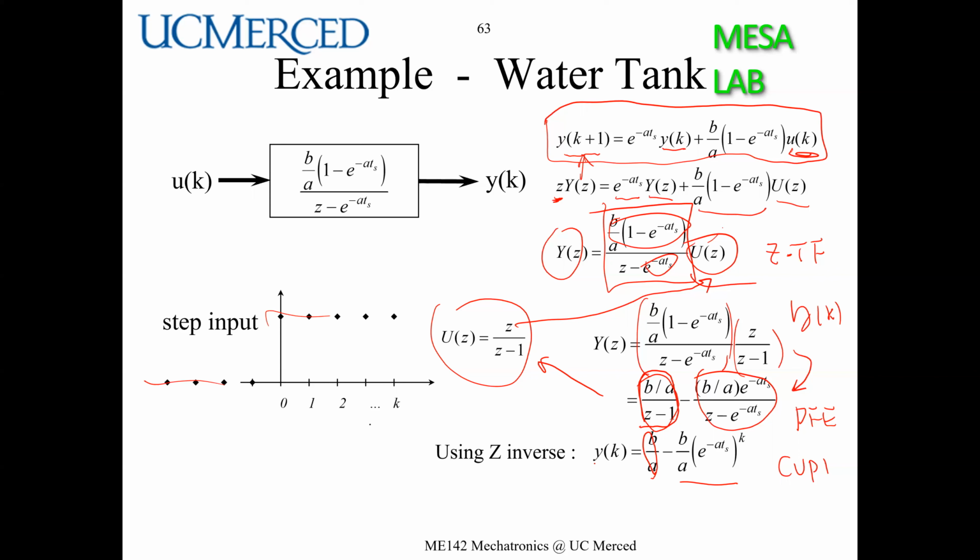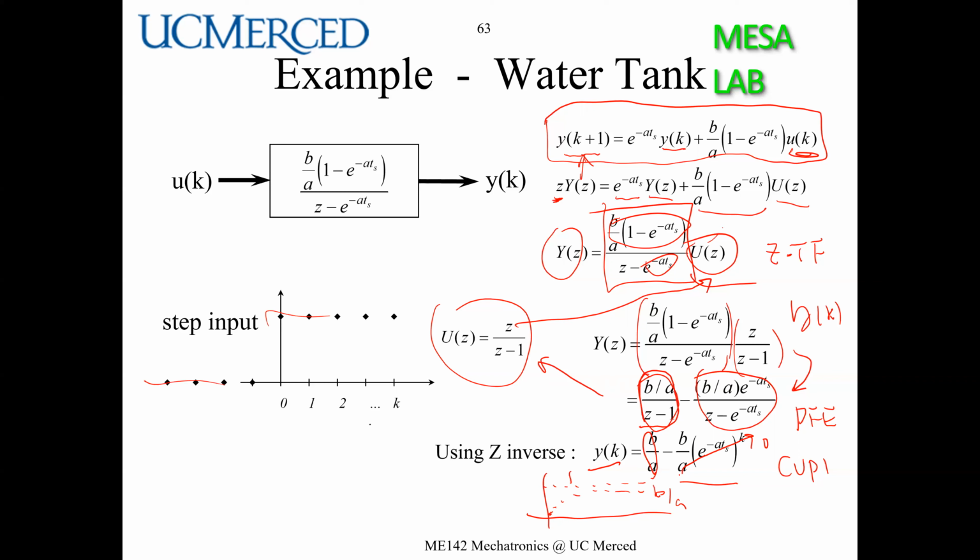So that's yk. You put a different case, so this is your input, okay. This output is something that goes to b divided by a, because this is going to go to 0 when k is very big. So this is a 1, this is b divided by a.